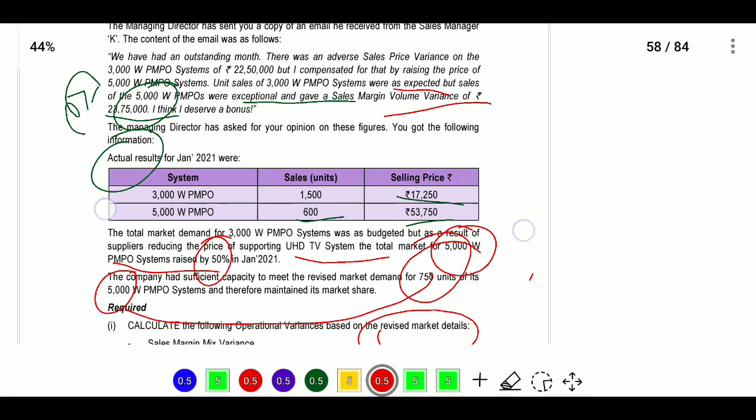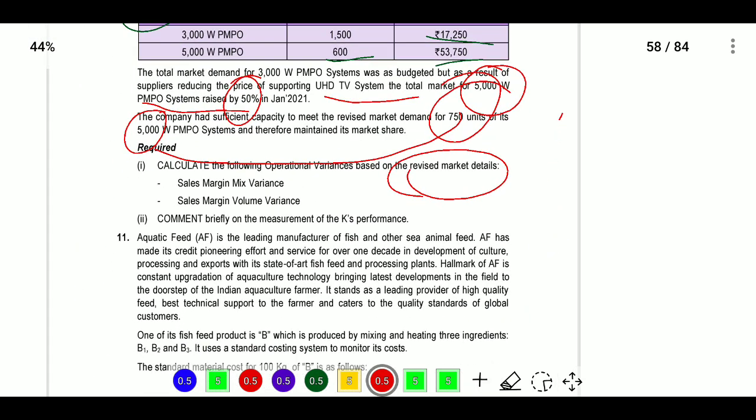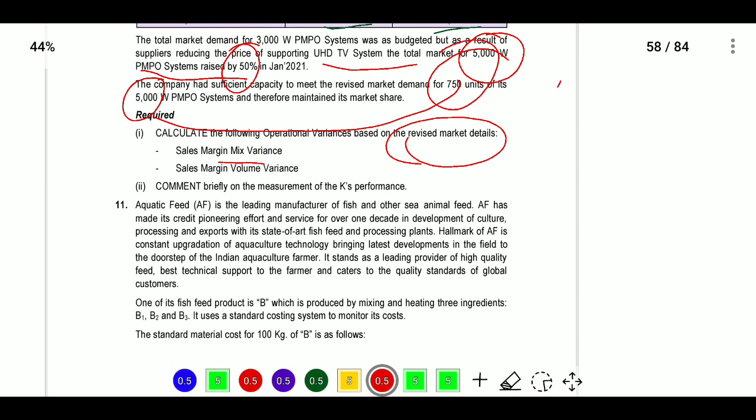Next we will calculate that and get the answer automatically, so we will get 1500. Okay, next. We require the sales margin mix variance and the sales margin volume variance, so we will provide these two answers.